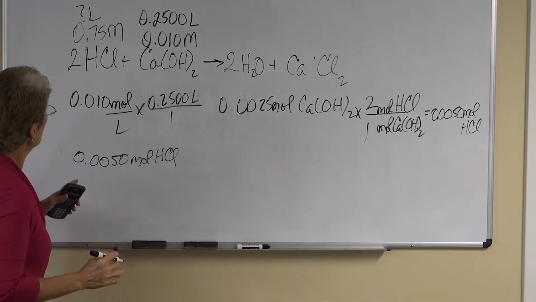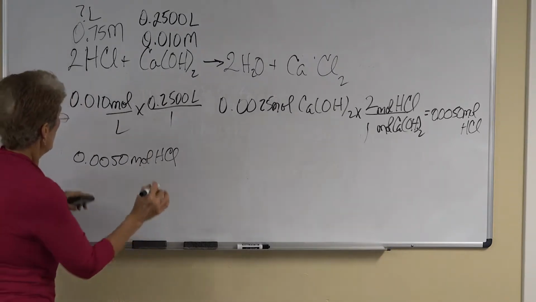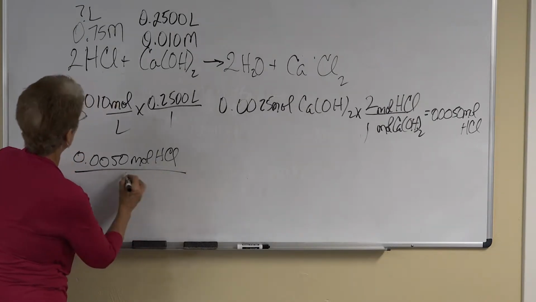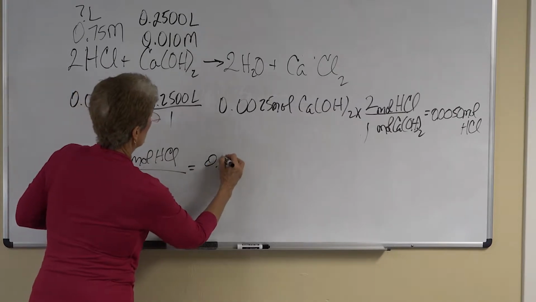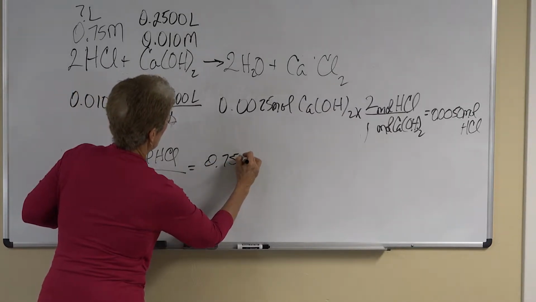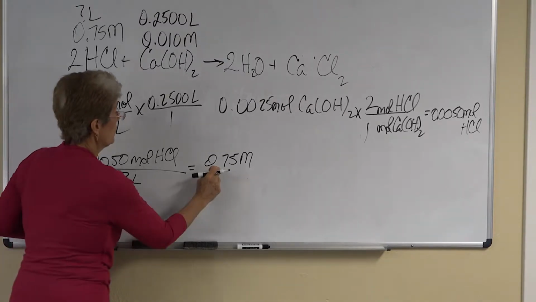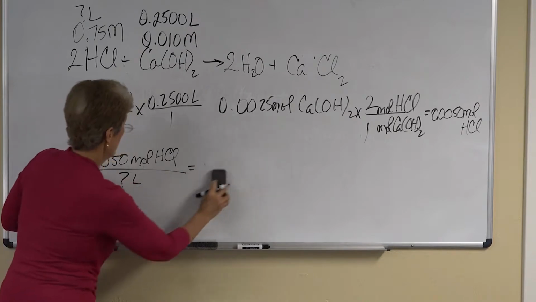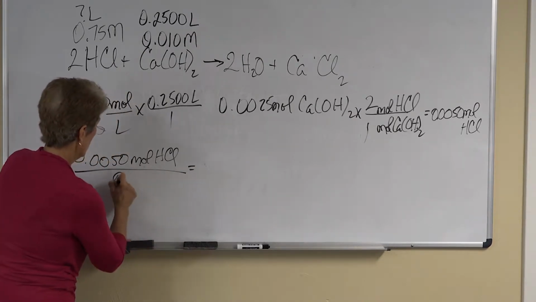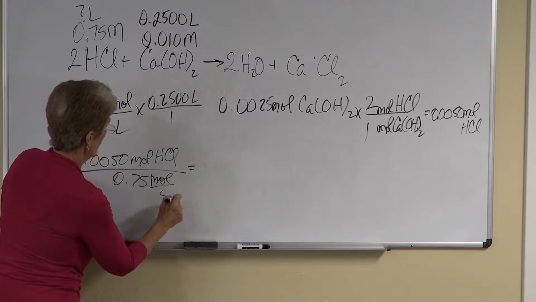Okay, and we want to know the liters. Well, we know that moles per whatever this liters is going to have to equal 0.75 molarity, which is moles per liter. So what we're going to do is multiply both sides by this, divide both sides by this. So I'm going to do that. 0.75 moles per liter.